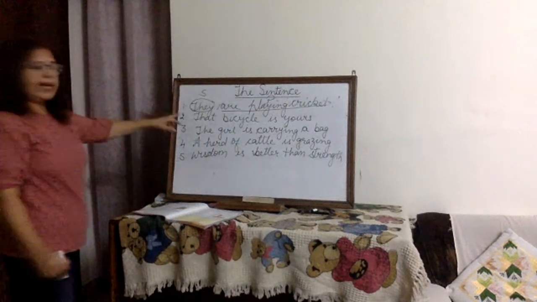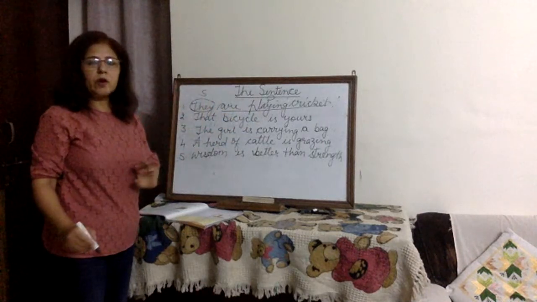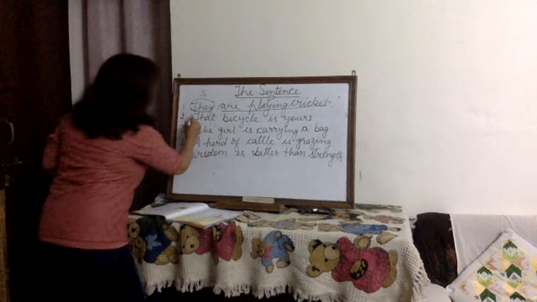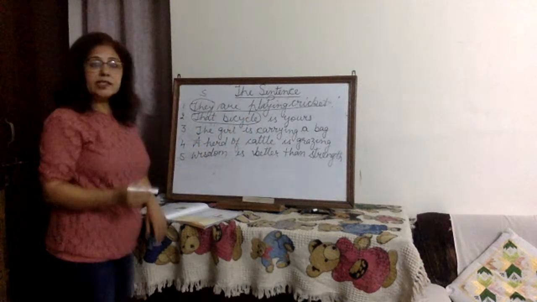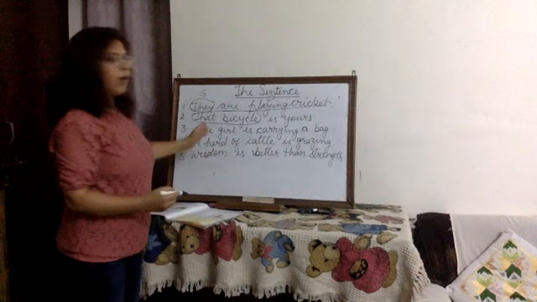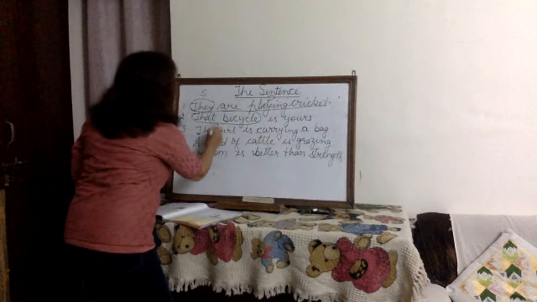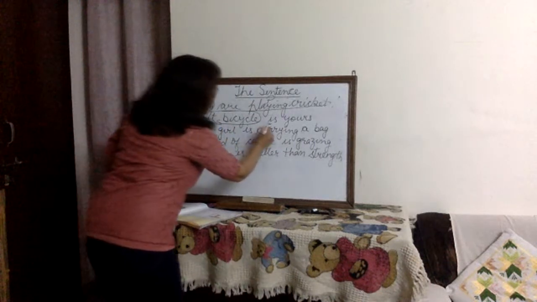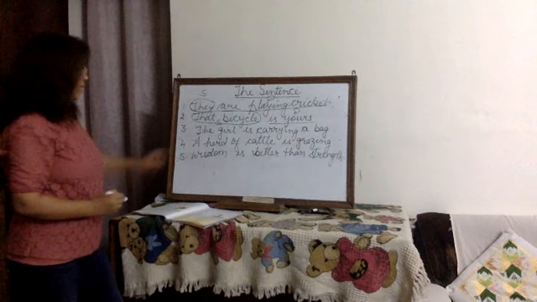In the second sentence, that bicycle is yours. We are talking about which thing? That bicycle. What description is being given for that bicycle? Is yours. So that bicycle is subject and is yours is predicate.